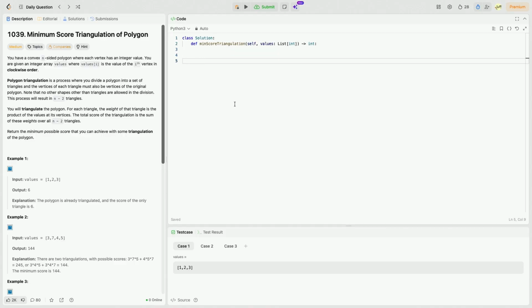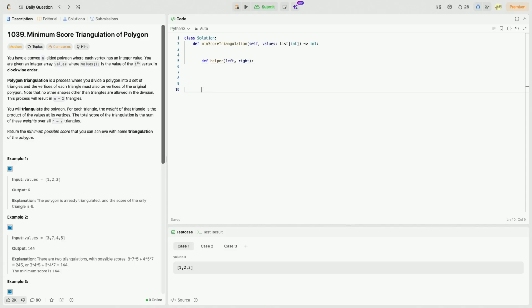So we're probably going to need a helper method for the recursion. And because we don't want to copy the values of the array, we're just going to pass it maybe the starting and the end index on the vertices to operate on. We have a left and a right.